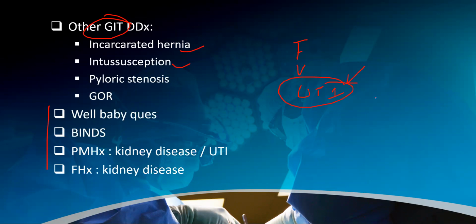If you get a positive UTI history, in the past medical history ask about any previous urinary infection or any other kidney disease. Because with recurrent UTI in a child, we always try to find out if there is any underlying structural abnormality in the genitourinary tract. That's why we have to ask it, and ask about any family history of kidney disease.